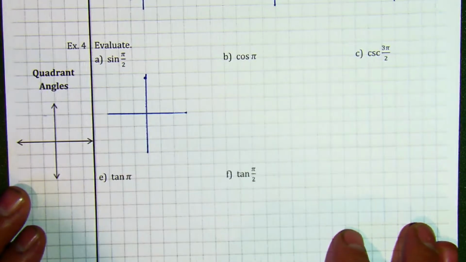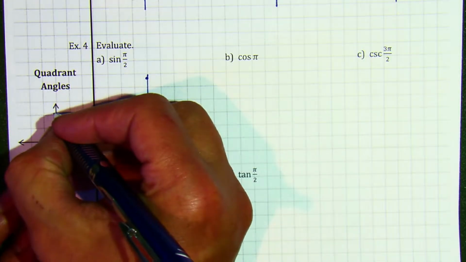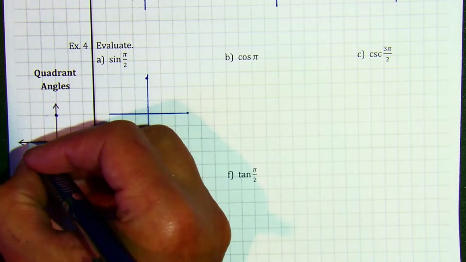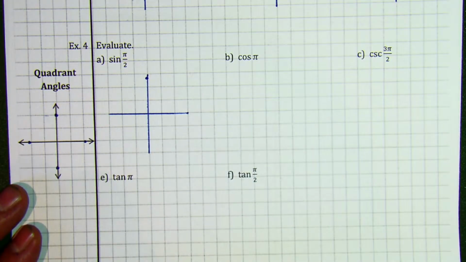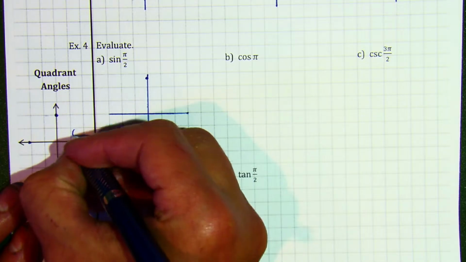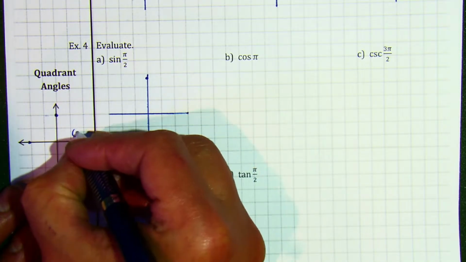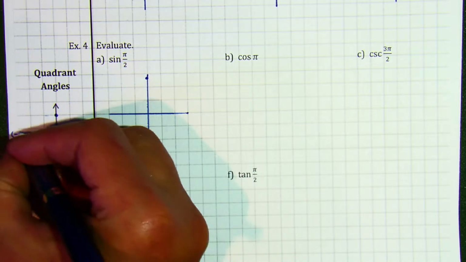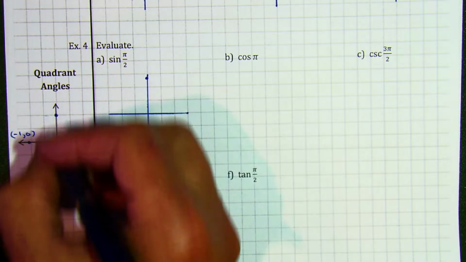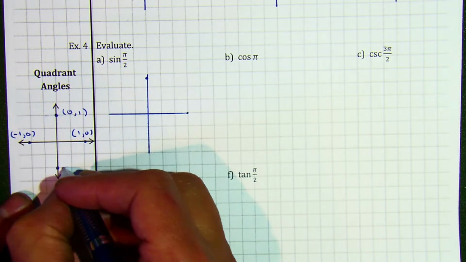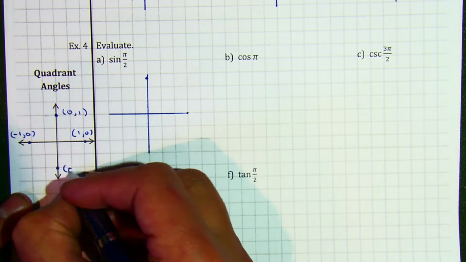And that is called a quadrant angle. We're going to use the location of the point. Remember, this is a unit circle. So this point is located at 1, 0. This point here is negative 1, 0. This point up here is 0, 1. And this point down here is 0, negative 1.